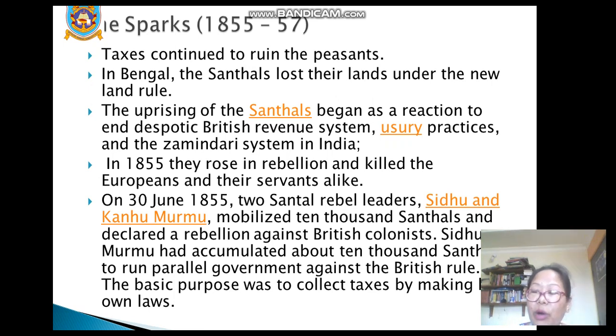The basic purpose was to collect taxes by making their own laws, because they were deprived of their land rights and had to pay heavy taxes. So this was the cause of the revolt by the Santals in 1855.